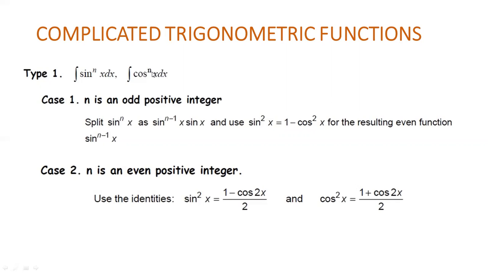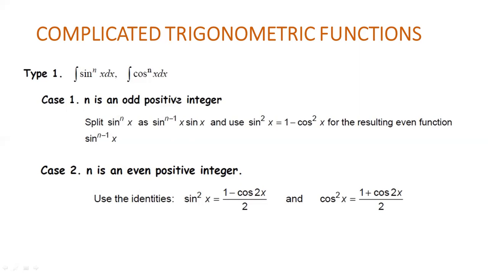You need to split the sine function or the cosine function by subtracting 1 from the exponent of the original sine or cosine function. That way, you will have a sine of n minus 1 of x and a sine of x. It's because you have set aside the sine function which has an exponent of 1 and the rest are written before it or multiplied to it.